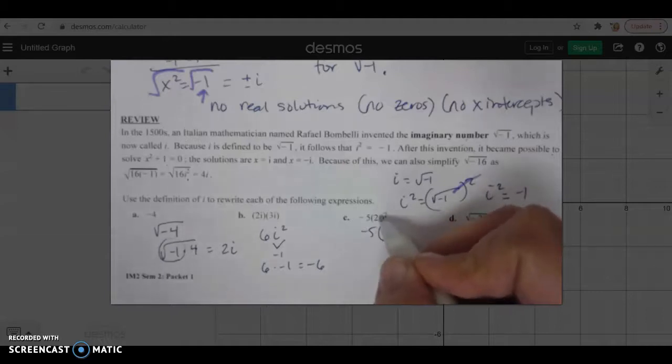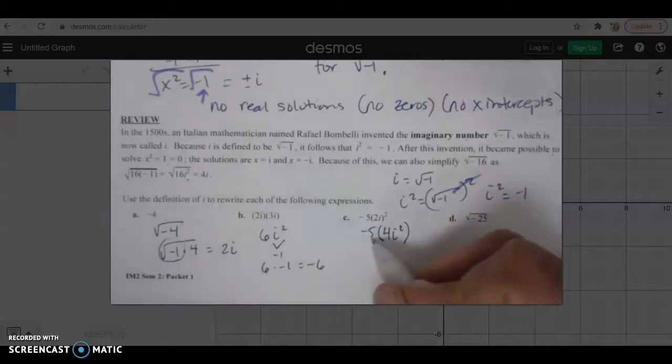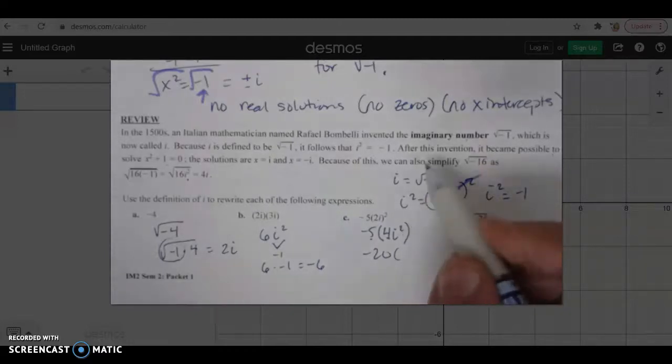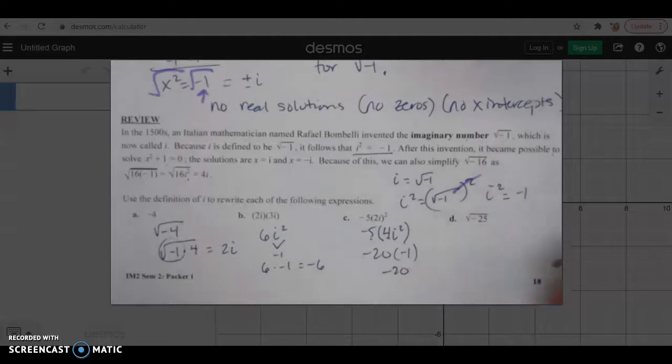So I have to take all of this, 2i times 2i, and it becomes 4i squared. I'm going to multiply negative 5 times 4 and get negative 20. And then i squared, remember i squared is negative 1. So negative 20 times negative 1 is 20.